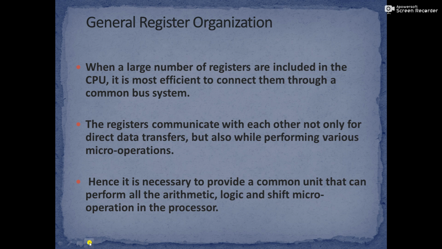The registers communicate with each other not only for direct data transfer but also for performing various micro operations. Hence, it is necessary to provide a common unit that can perform all arithmetic, logic and shift operations in the processor.